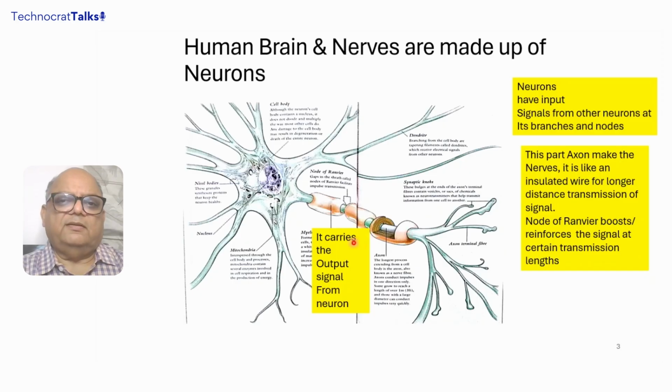Under some conditions, the neuron is supposed to generate an output pulse of an ionic current, and that flows through the length of the nerve or the length of the axon. Inside the brain, of course, there may not be this thing; there may be directly these things. These are called synapses, the tips, which are connected as output.